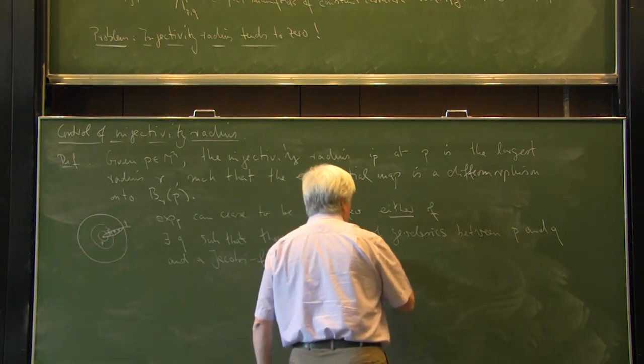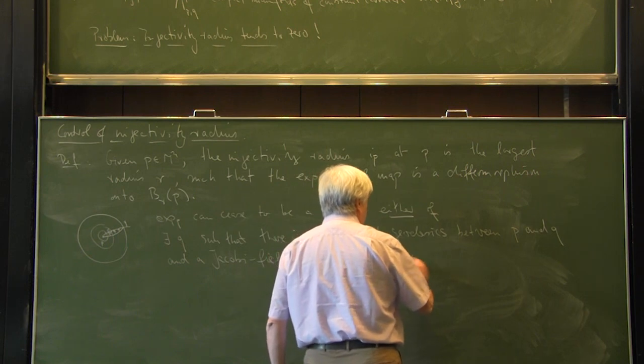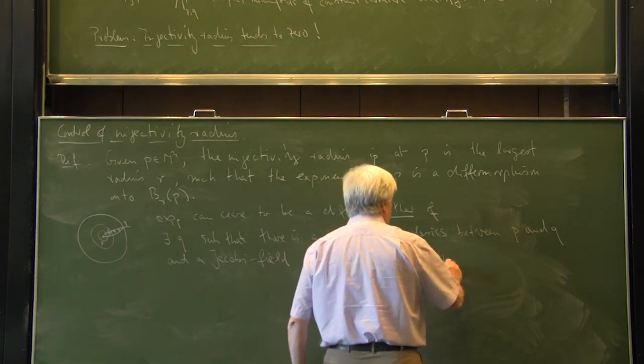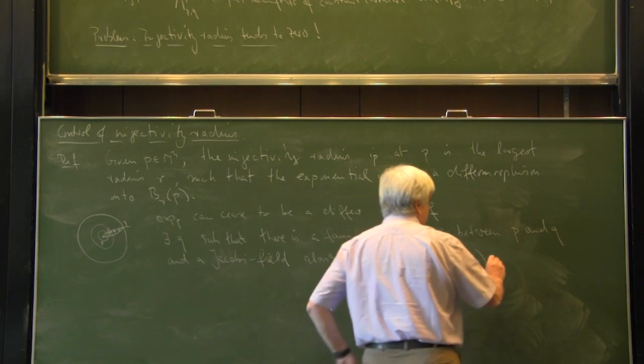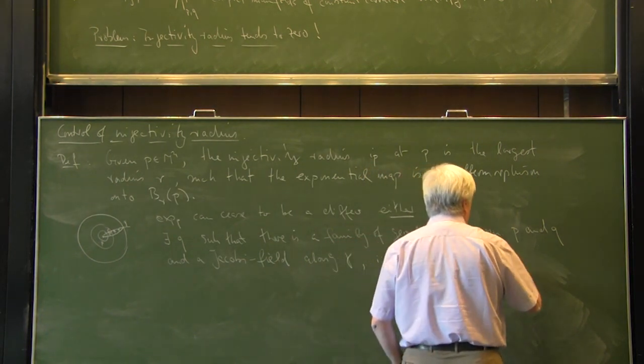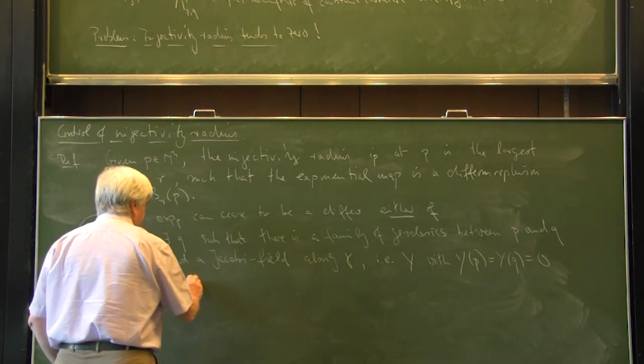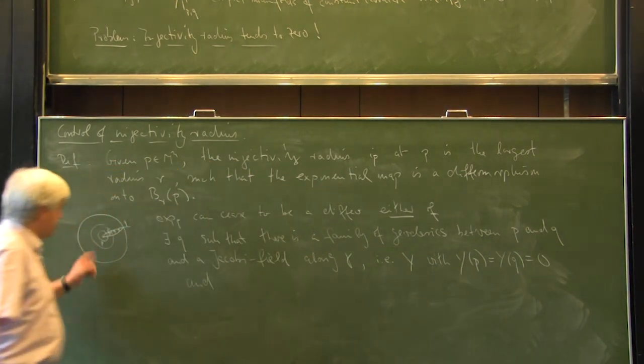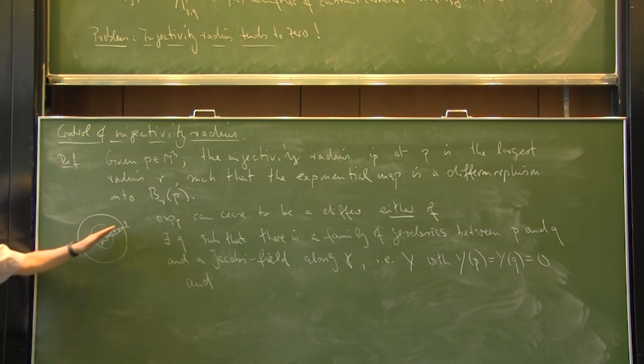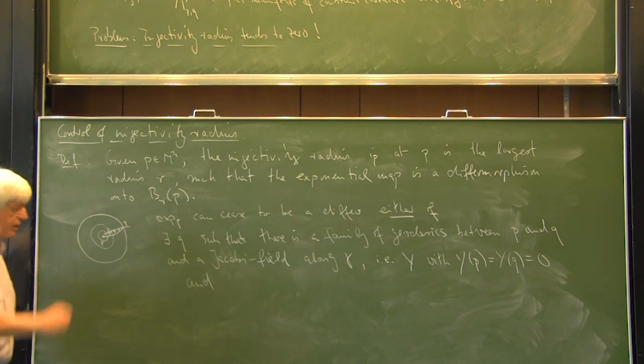That is, some Y with Y at P equals Y at Q equals 0, and it turns out this variation of geodesics leads to an ODE of second order for this variation vector field.